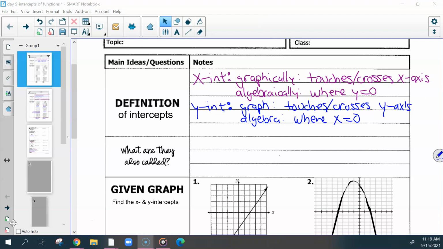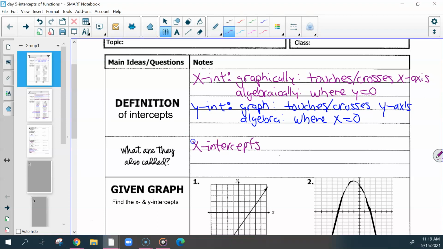So those definitions, I'm not adding any more to that. For your x-intercepts, those have other names for them. So if you hear these words, just know that they're talking about x-intercepts.